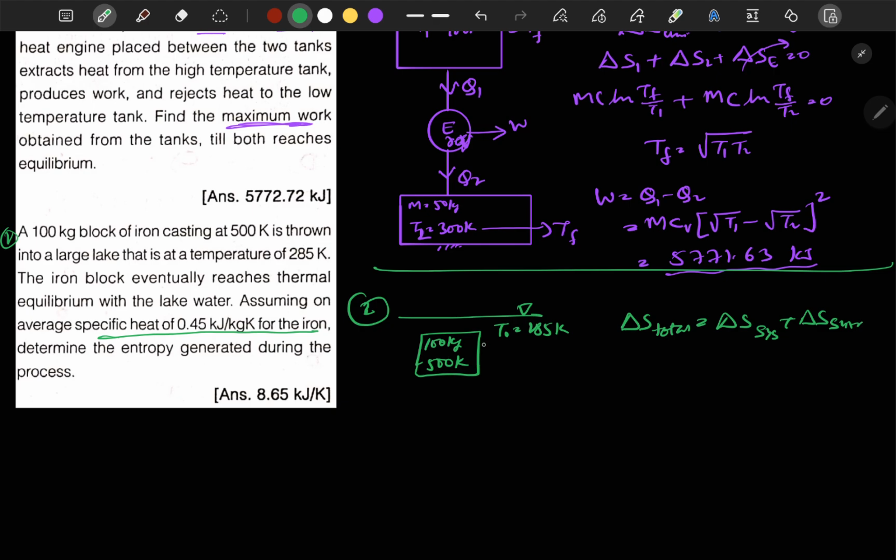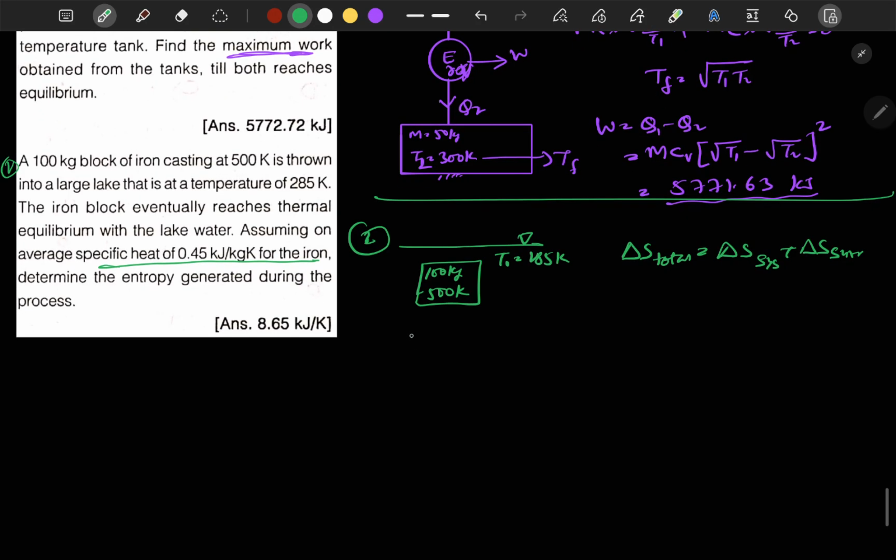When this metal block is dropped in the lake, we can treat it as the metal block exchanging heat with its surrounding. Let's say this T1 is equal to 500, and it will go to T0. Up till that point the entropy will keep on changing.